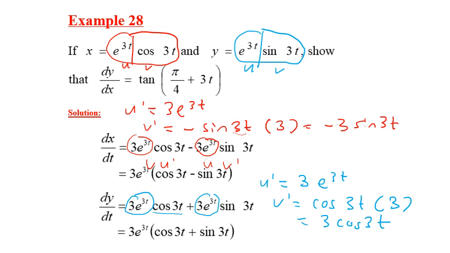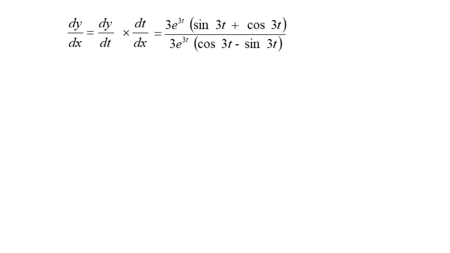Okay, next, after we find out dx dt and dy dt, right, so next we want to find out dy dx. So instead of dy dt times dt dx, we can also rewrite as dy dt over dx dt.